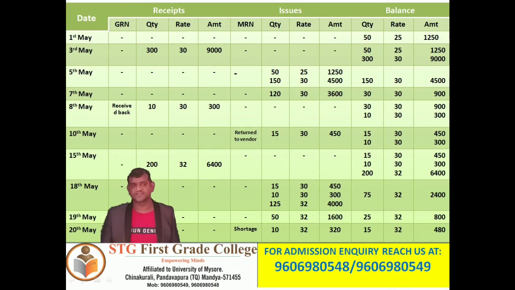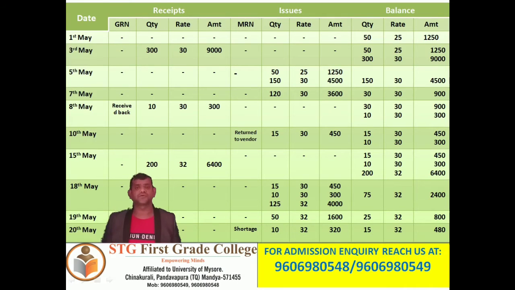So that is receipts, GRN nil, quantity nil, rate nil, amount nil and MRN also nil. So go to the quantity 50 units. That is because we are supposed to issue 200 units. So first take 50 units at rupees 25 per unit.